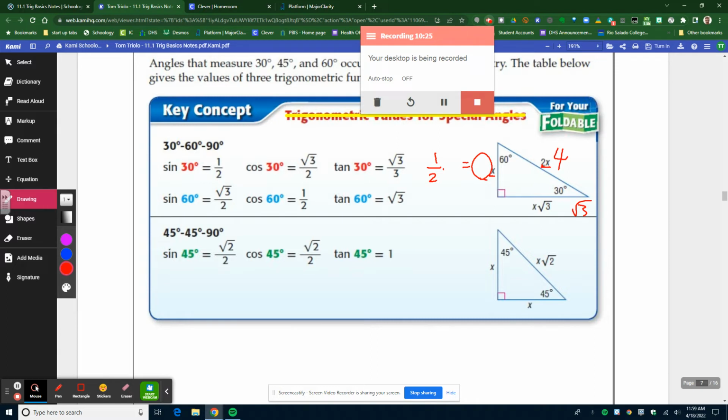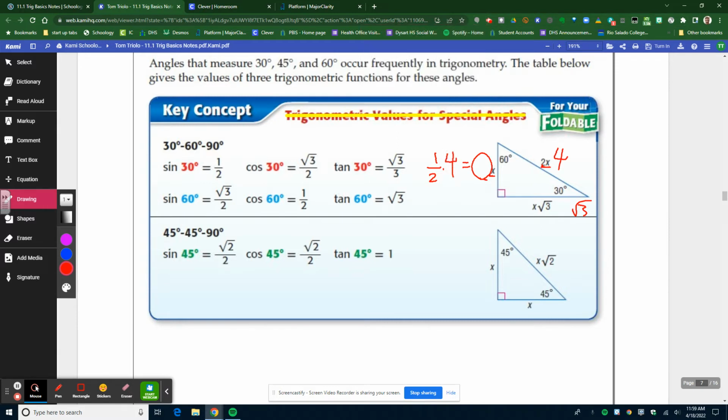Torah told us the hypotenuse was 4, so the short leg is? Oh, 2. And then the long leg is always whatever this is times the square root of 3 every single time. Okay? So it's pretty easy unless I don't give you an even number for the hypotenuse.